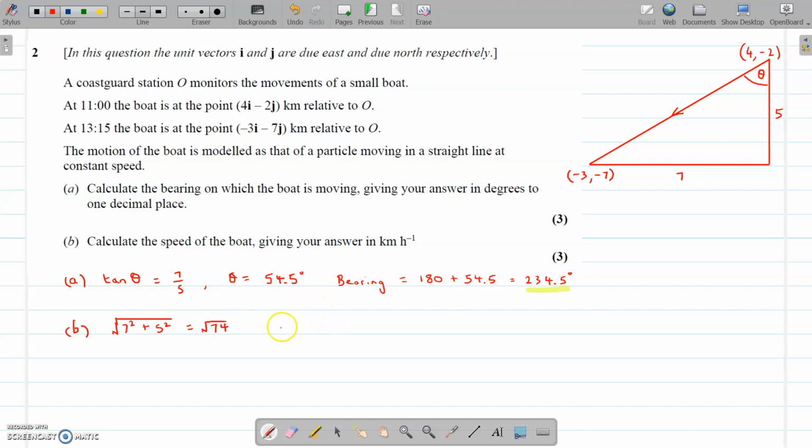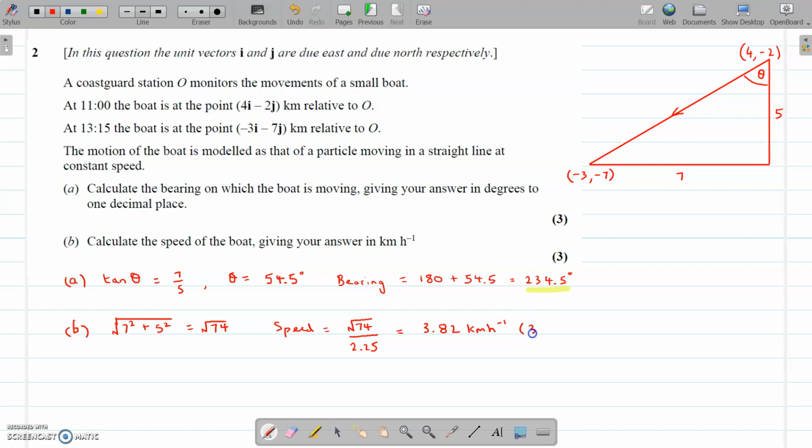and the speed is therefore going to be the distance divided by the time, which is going to be root 74 over 2¼, because it's 2¼ hours between the two, so 2.25, and on your calculator you can work out that that's 3.82 kilometers an hour to 3 significant figures.